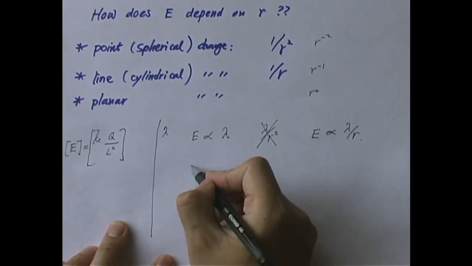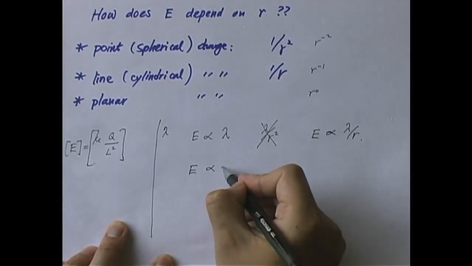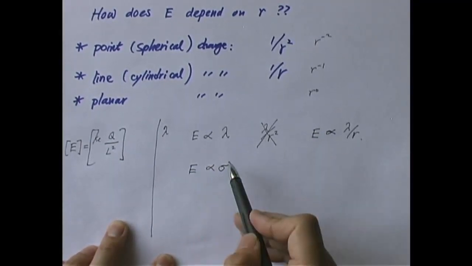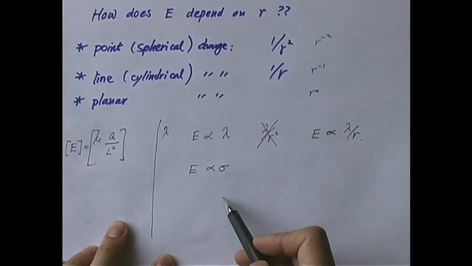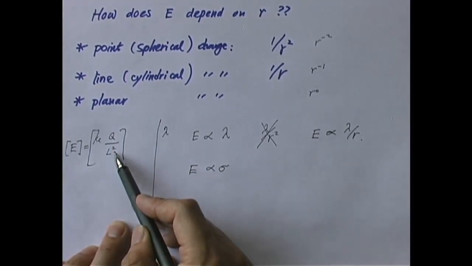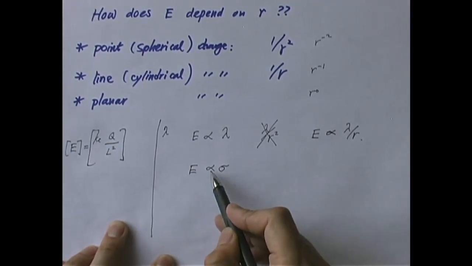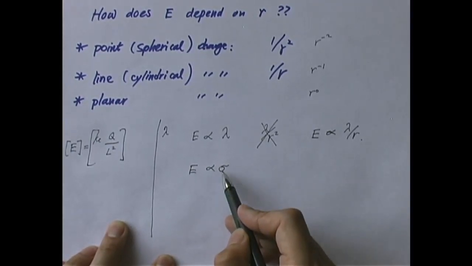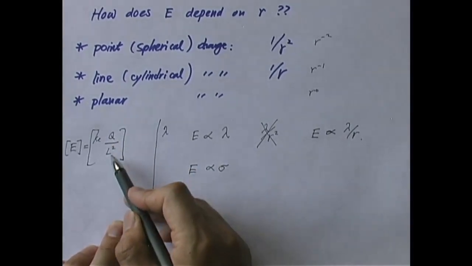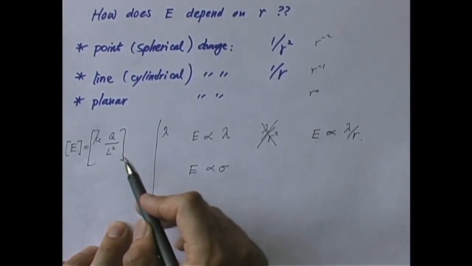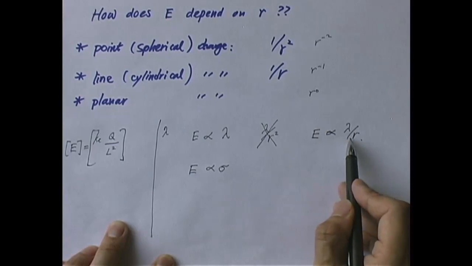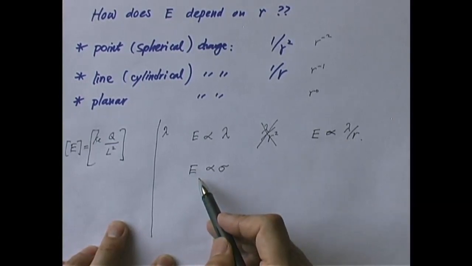Okay, so E this time is proportional to sigma, and sigma is charge over area, which is charge over length squared dimensionally. So you see, if E is proportional to sigma, sigma already contains charge over length squared. Do you think I can stick an r somewhere into this expression without breaking the dimension?